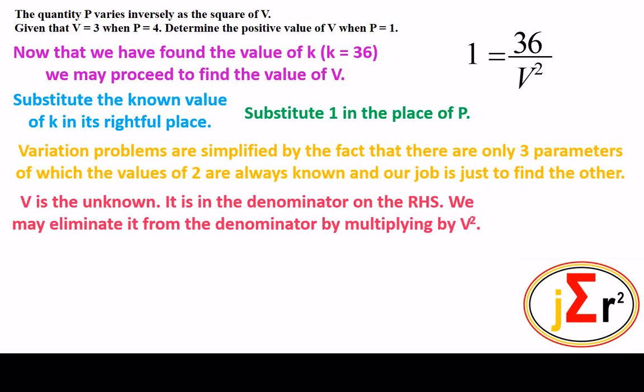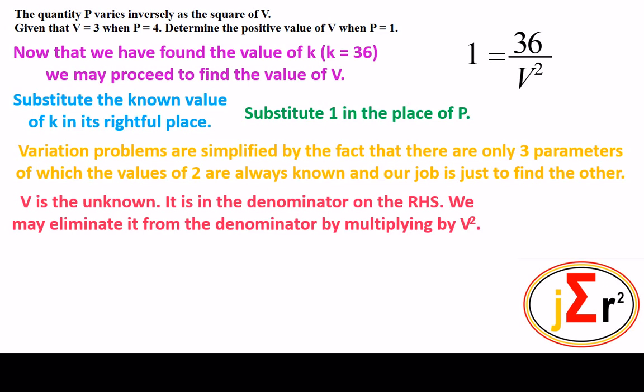We might also eliminate the unknown whose value we are trying to find. Because if it is in the denominator on the right hand side, it might be that it is not to our suit to have it in the denominator. So we will eliminate it from the denominator. That's acceptable. We may also eliminate the unknown.